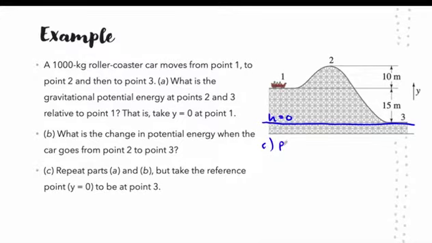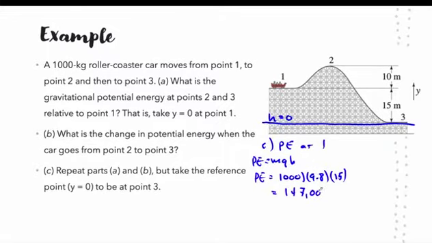If I want to find the potential energy at point 1, then I do mgh, right? Since you are going to a higher height, then h becomes positive 15, and this is equal to positive 147,000 joules, which makes sense because point 1 is higher than point 3.